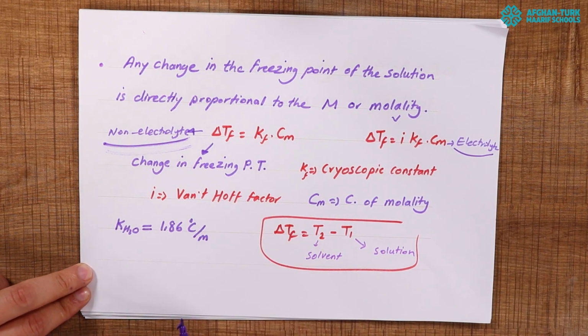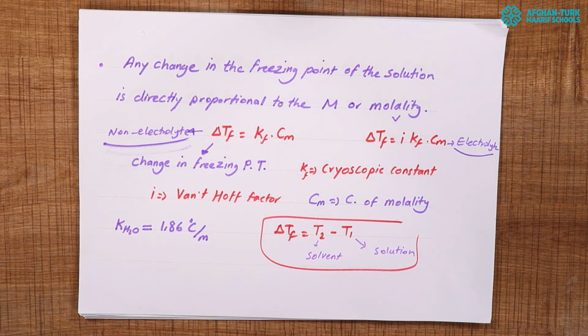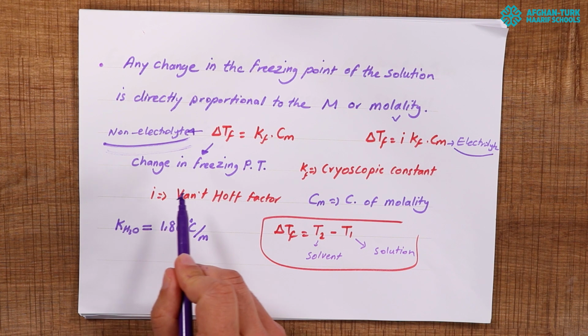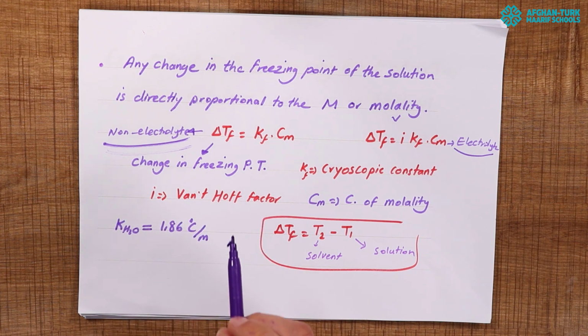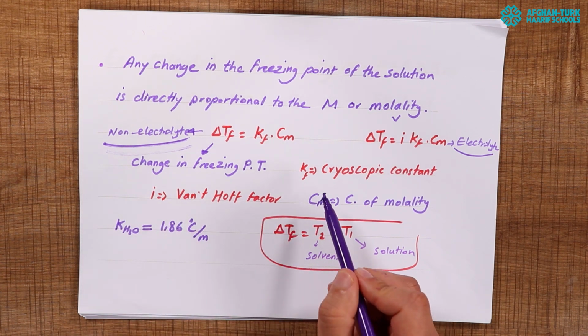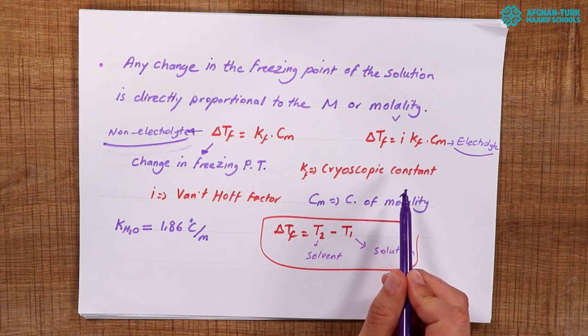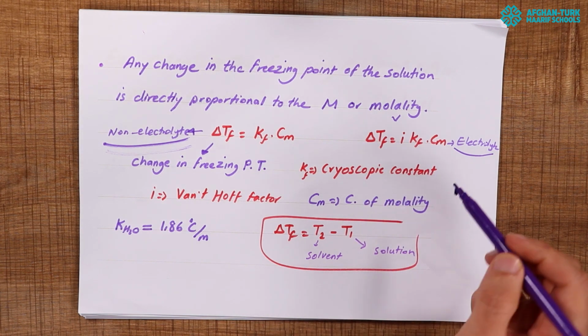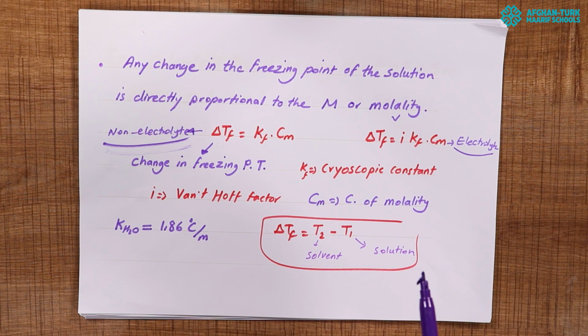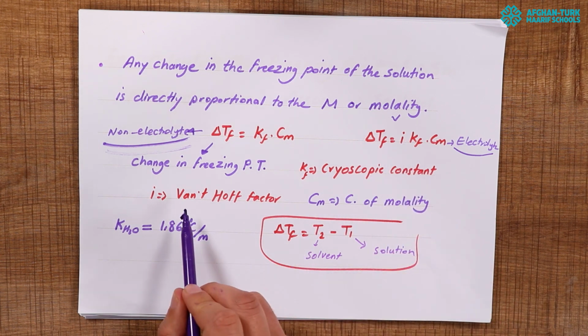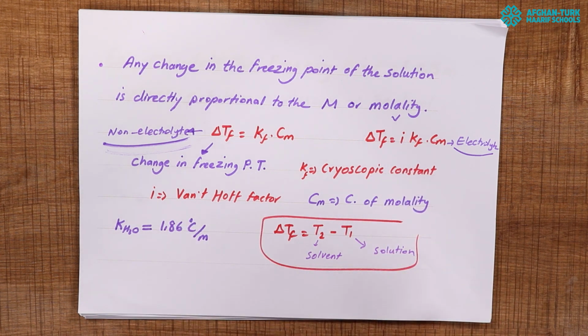ΔTf is equal to Kf times the concentration of molality. ΔTf shows the change in freezing point temperature. Kf is the cryoscopic constant. Also, for the electrolyte, it has i here. What is i? The van't Hoff factor. As we studied last session, we can find the value of i.